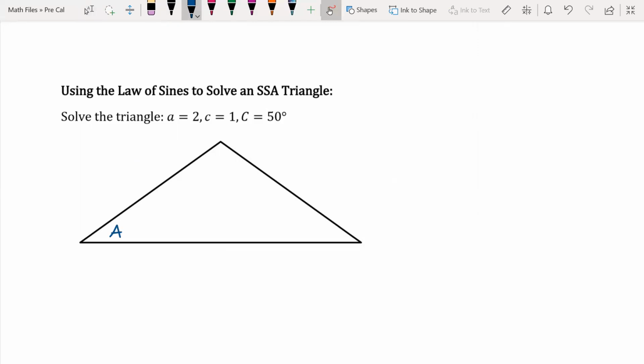Here's angle A, and across is side A, which is 2. Here's angle B. We have no idea what B is or side B, but angle C is 50 degrees, and side C is 1.